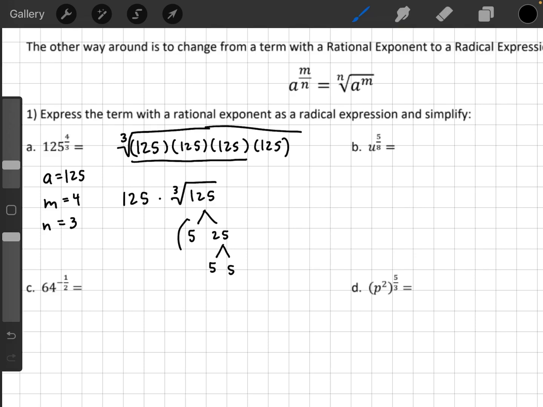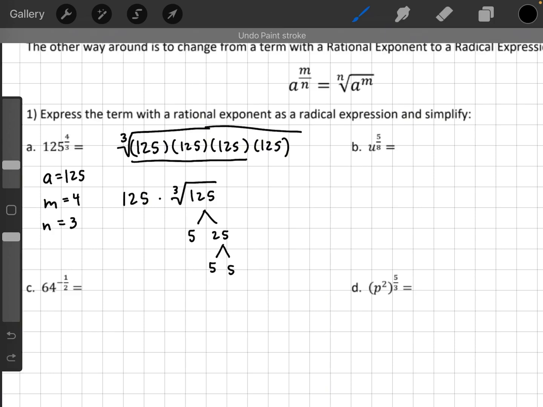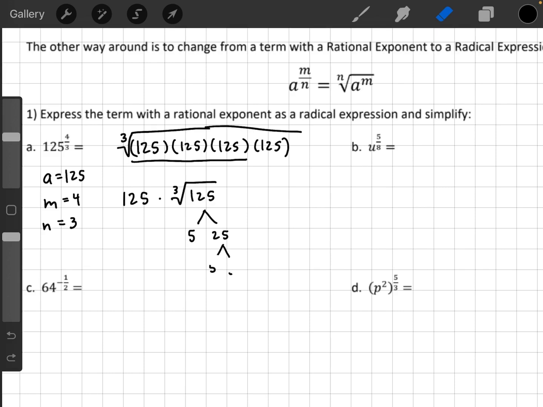Here we see that we've created a group of 3 5s. And because we're looking at cube roots, we can also move this group of 3 5s to the outside of the equation. So now we have 125 times 5, because we've moved it out, equals 625.